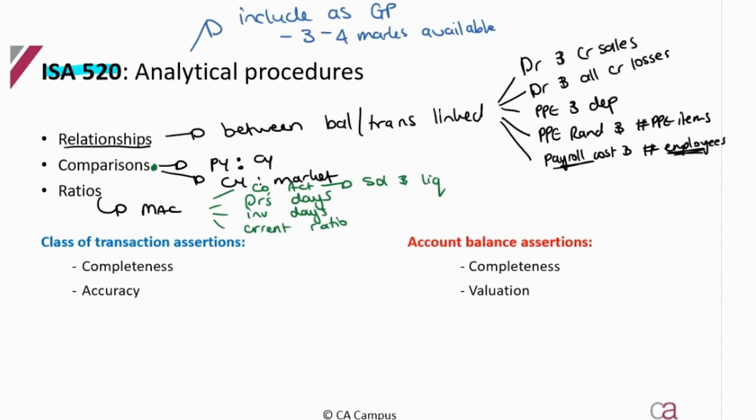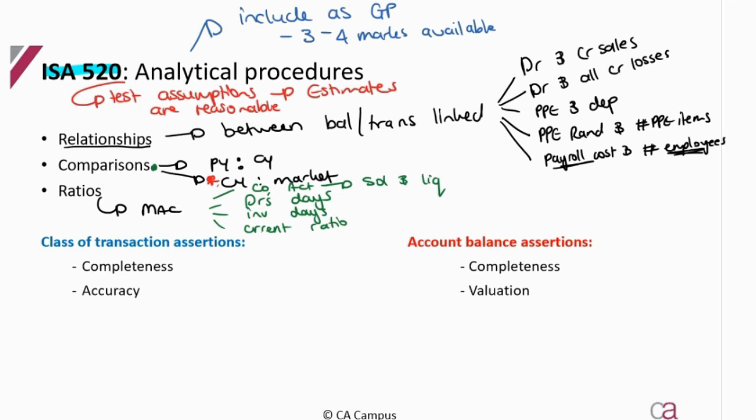I can think of doing a comparison to the prior year or to the markets. I can think up a ratio. So I can get these marks out quickly. We also know that we must do analytical procedures to test assumptions for estimates, and specifically doing a market-related comparison is going to help me to see if the assumptions are reasonable.